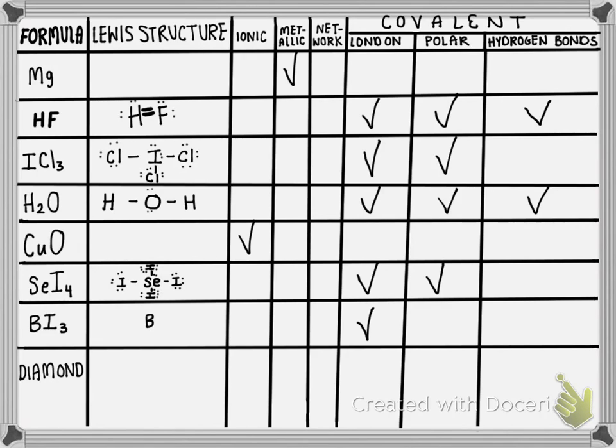So we have a B and 3 I's. And the math is 3 plus 3 times 7, 24, minus 6 for the bonds, which leaves you with 18 to distribute to 3 I's, which gives you a perfect number.